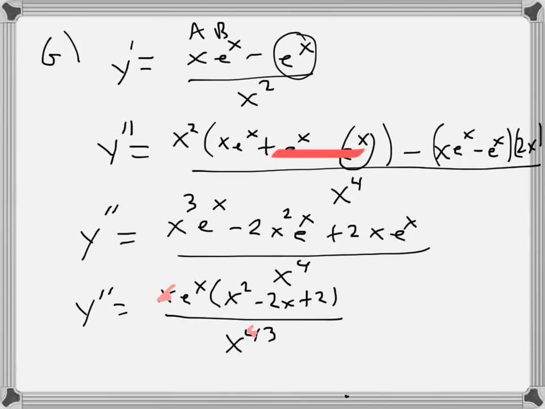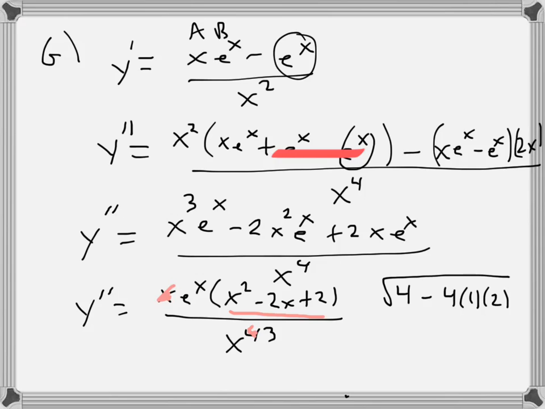So I have e to the x, and then I have this quadratic that doesn't factor. Let's just look at the discriminant of the quadratic formula for this guy right here. If I take b squared, which is 4, minus 4 times 1 times 2, that's going to be negative, and I'm going to put that in the square root for the quadratic formula.